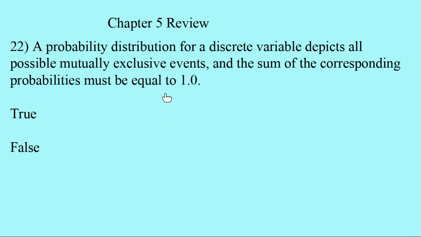A probability distribution for a discrete variable depicts all possible mutually exclusive events, and the sum of the corresponding probabilities must be equal to 1.0. True or false? So what do you say? Is this true or is this false?